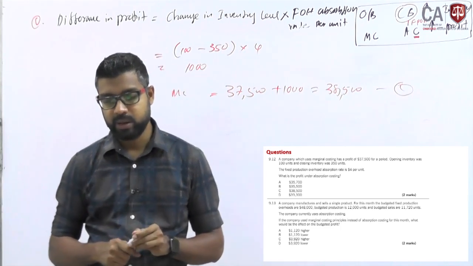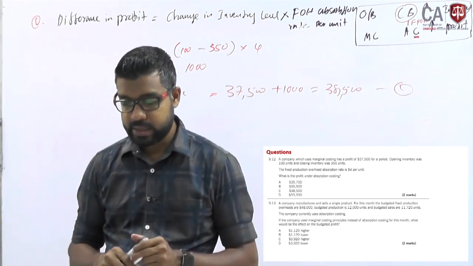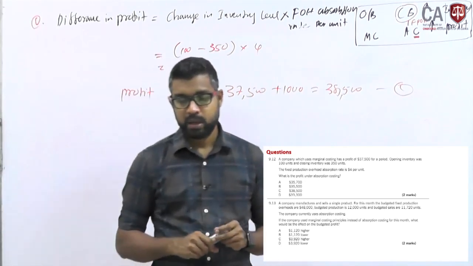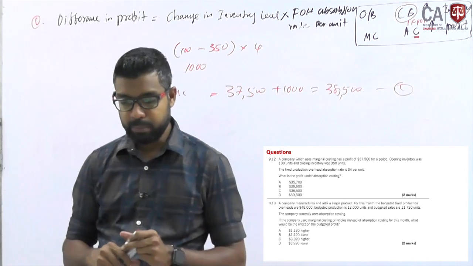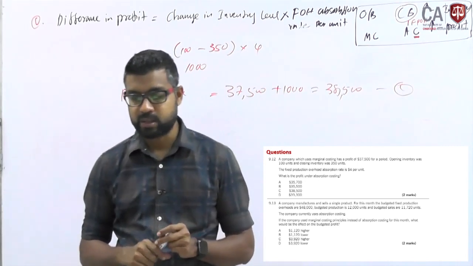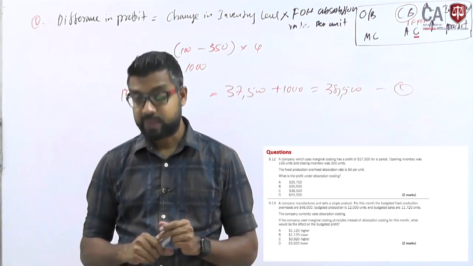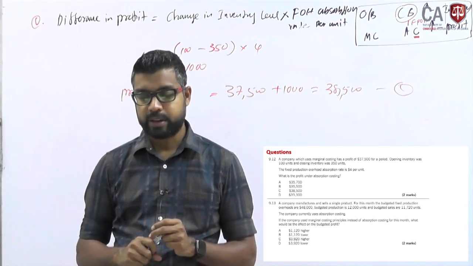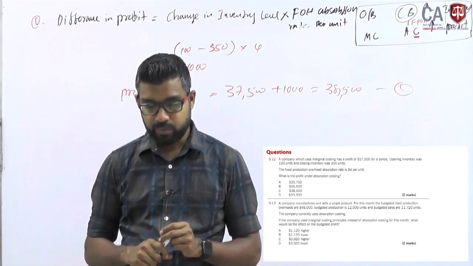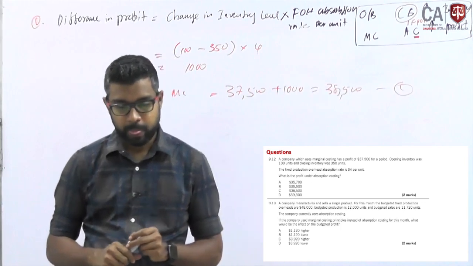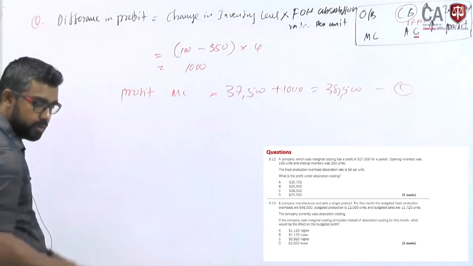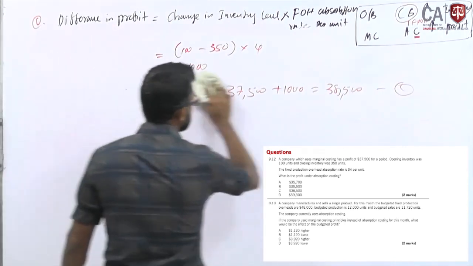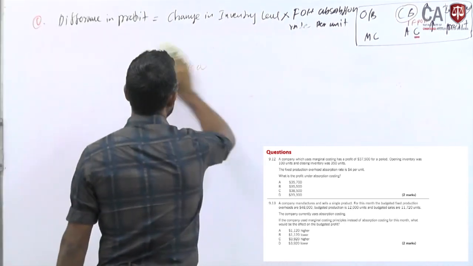The company currently uses absorption costing. If the company uses marginal costing instead of absorption costing for this month, what would be the effect on the budgeted profit? First, we need to calculate the fixed production overhead absorption rate.